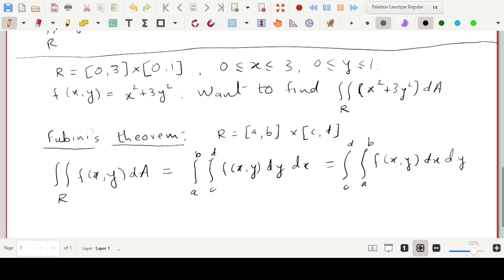In that case, we shall have f of x, y, z with dz, dy, dx, and there will be three integrals and three sets of limits of integration.